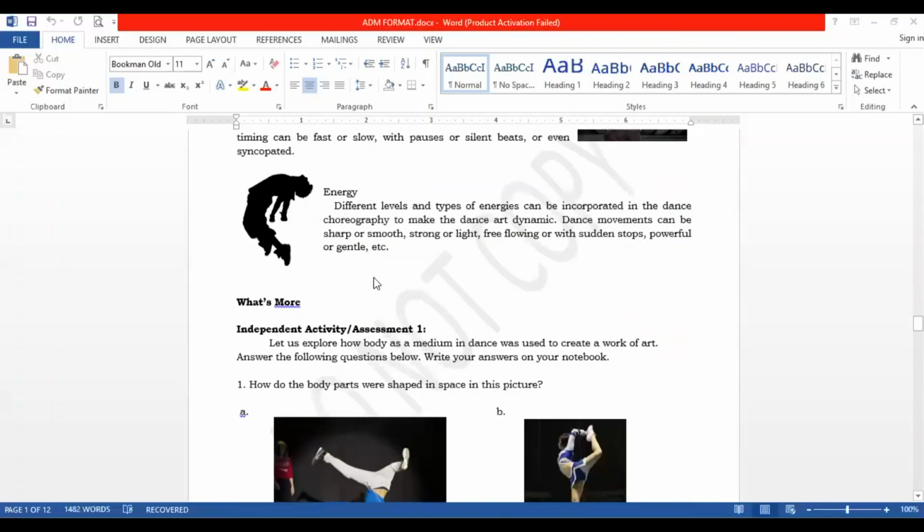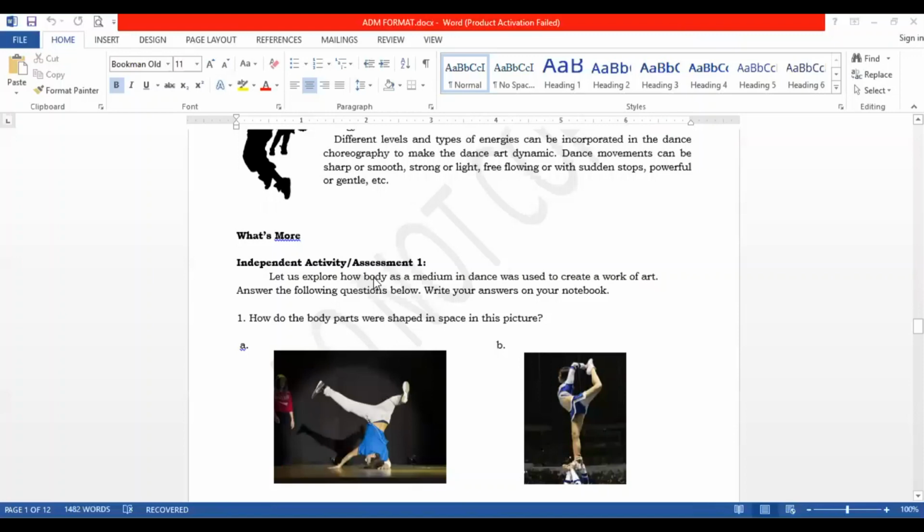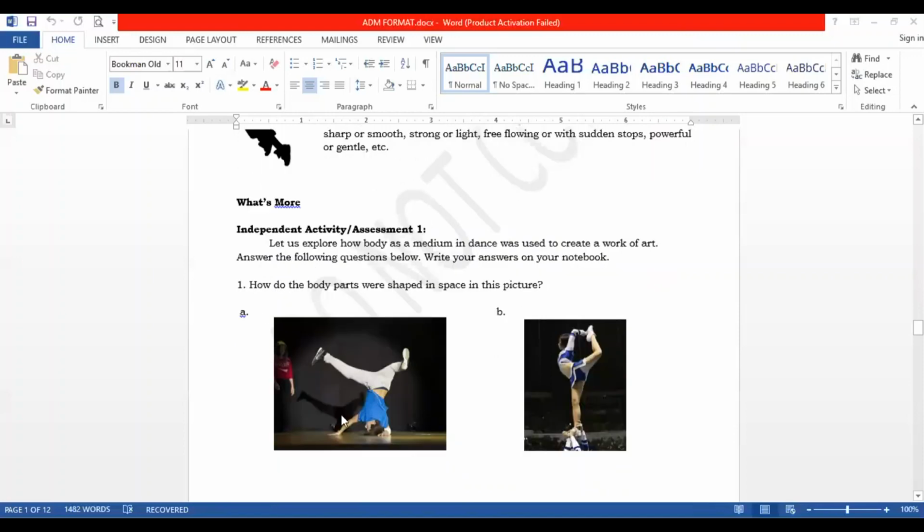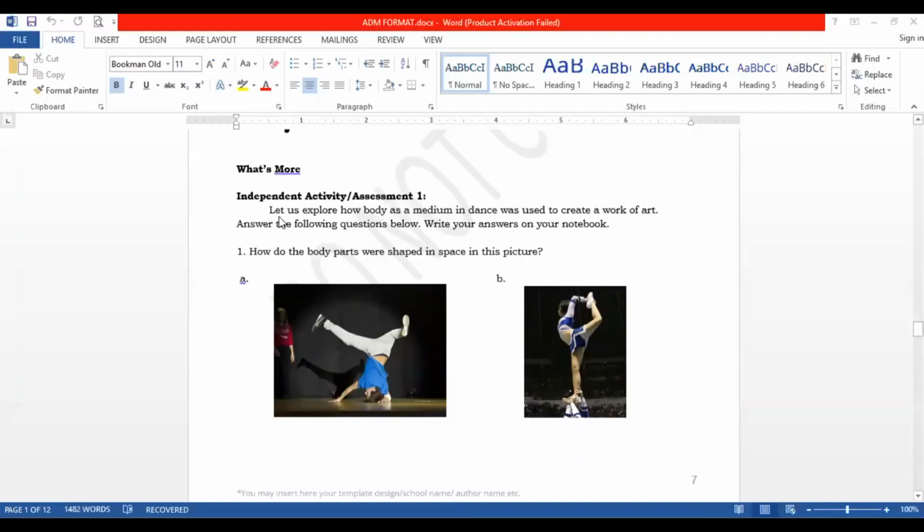Yung what's more natin ay yung enrichment part of the module. So, kung mapapansin natin, this is the independent activity and assessment 1. Okay, magkasama na siya. So, nilagay ko dito, let us explore how body as a medium in dance was used to create a work of art. Since meron na silang background, dahil diniscuss natin dun sa what is it, they can already answer the following questions.